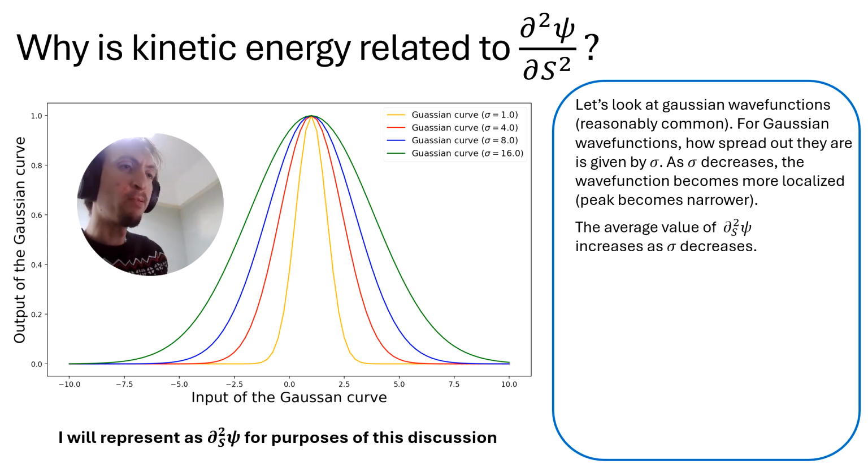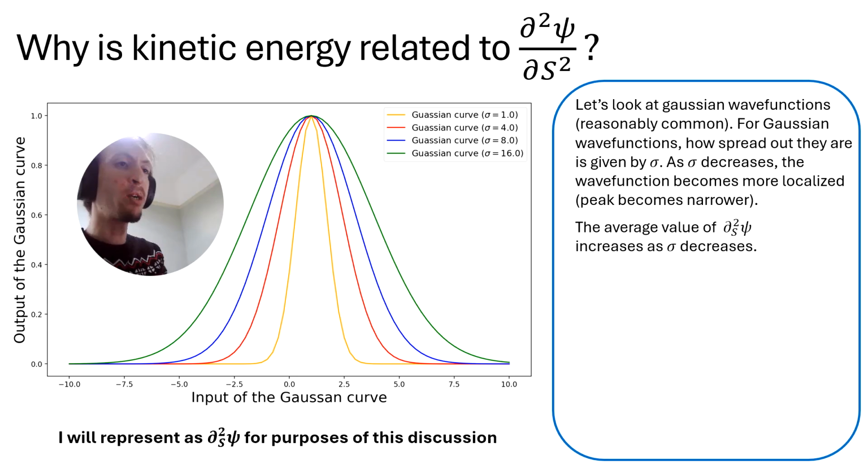Whereas if the peak is very broad, then the gradient of the peak changes very gradually across S. And that justifies the idea that if the standard deviation is small, so the peak is very narrow, then the average value of the second order derivative of psi is going to be very large.